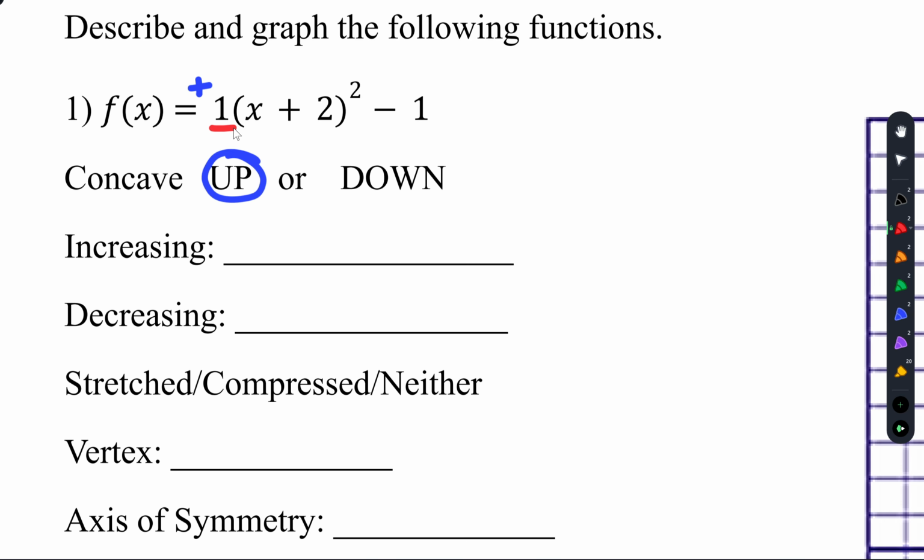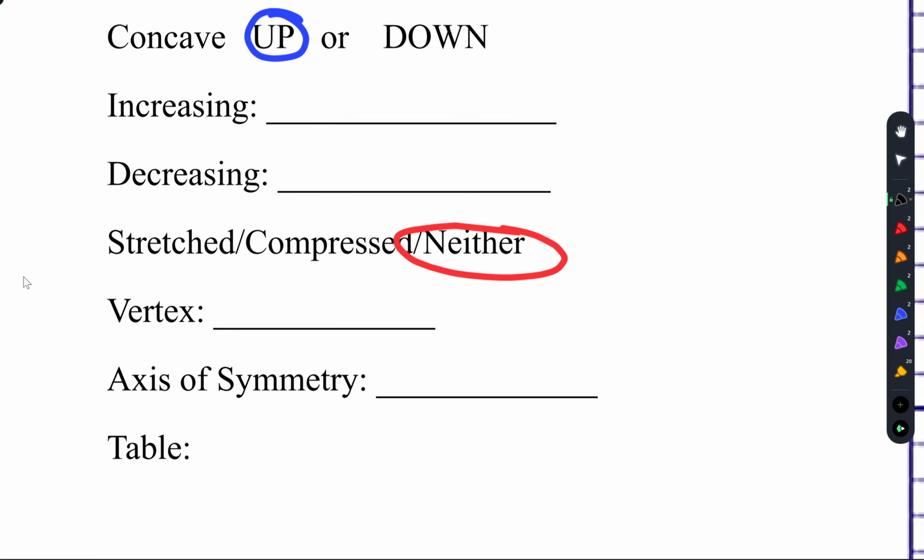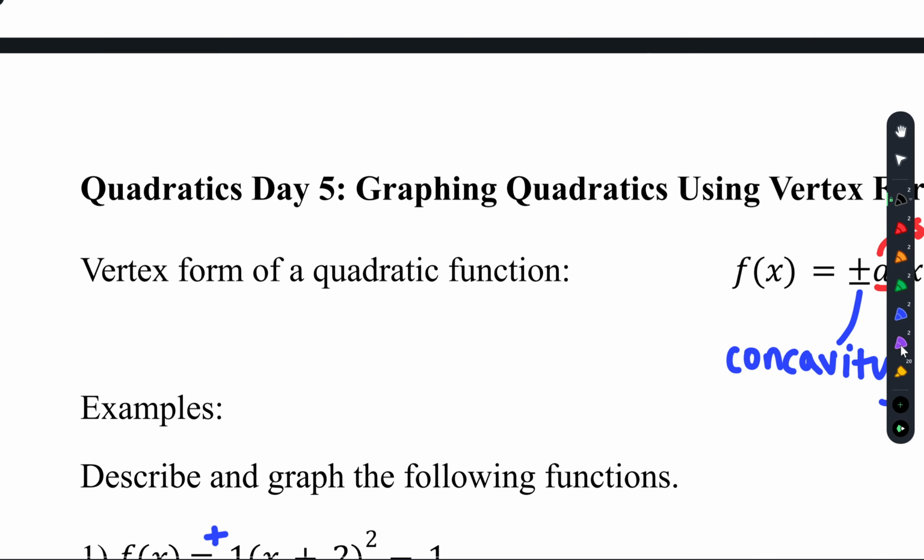If your A value is equal to 1, or if there's no A value written there at all, then that's neither. Now our vertex is always going to be written as whatever your H value is, comma, whatever your K value is.